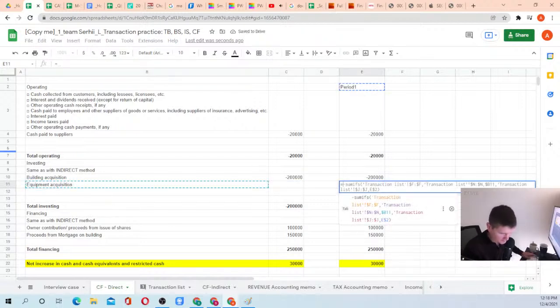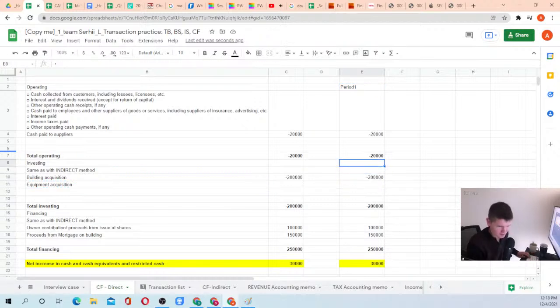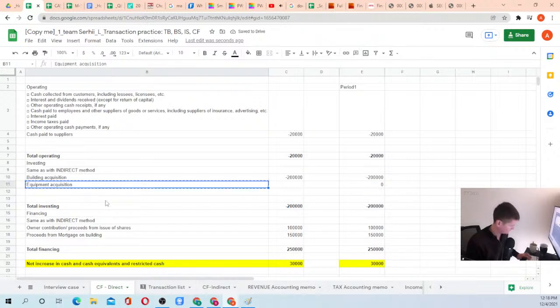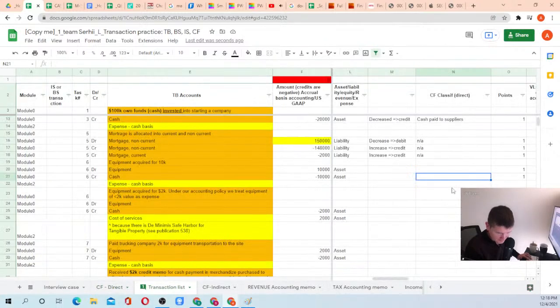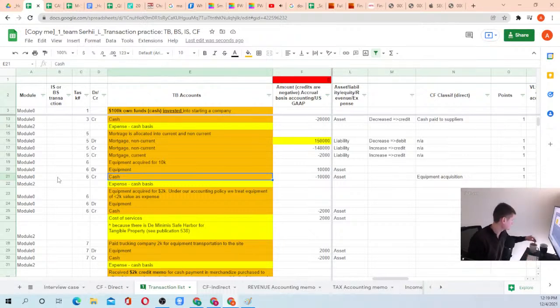And for our equipment acquisition, we use this formula and we use that caption for mapping, and we use the one where we have credit cash. So basically direct method of cash flow statement: you just go through your transactions and you pick debits cash and credits cash, and you classify those debits and credits for cash into your operating, investing, and financing activities.